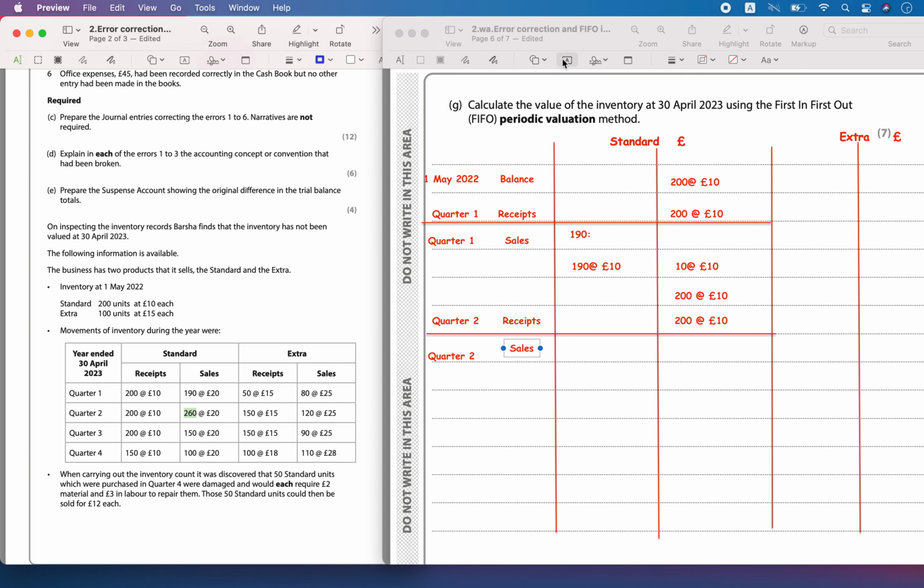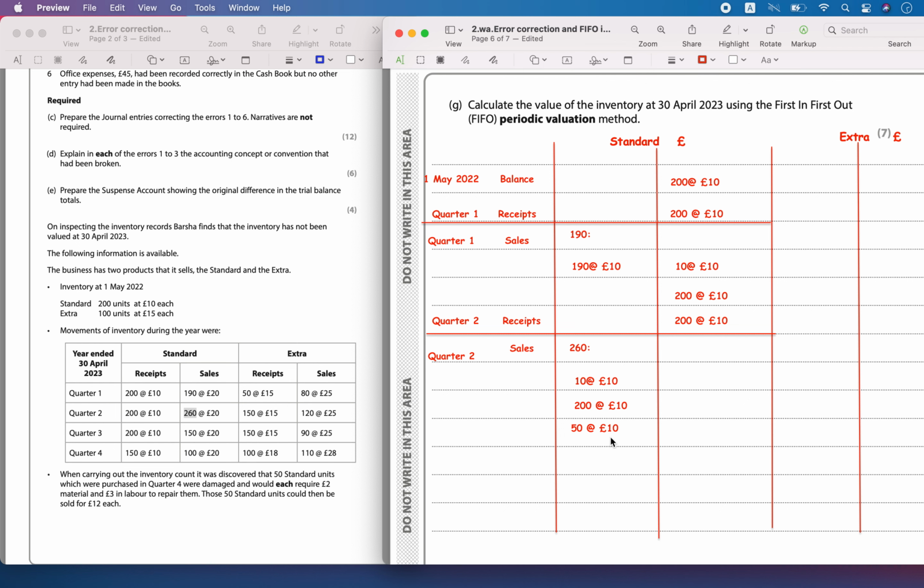Whatever was first, the 10 units at 10 pounds, I will issue that, and then the 200 at 10 pounds will be issued. The remaining 260 minus 210 is 50, so 50 units will be issued from the last 200 at 10 pounds that was bought.